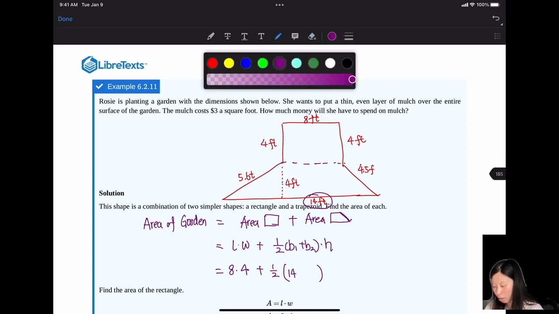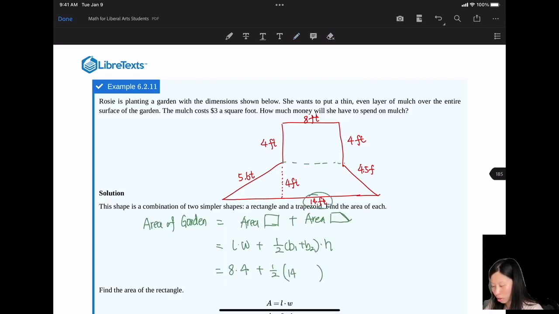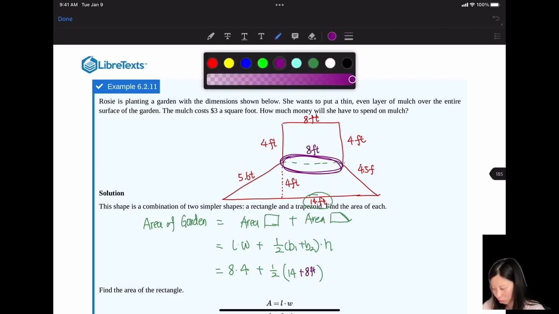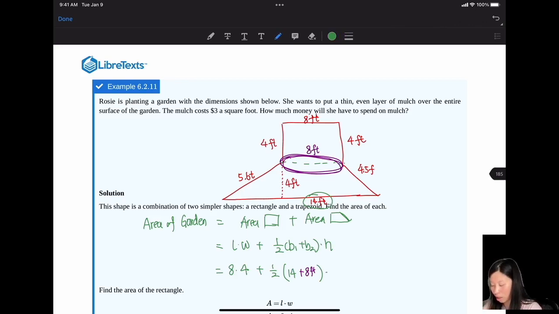The other base is here, right? This happens to be the length of the rectangle. So that means this is also equal to 8 feet. Now times the height. Height is equal to 4 feet.